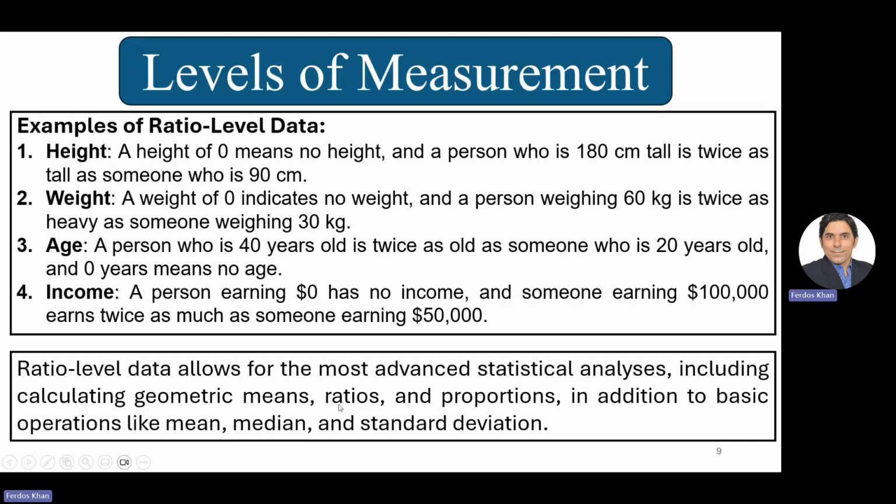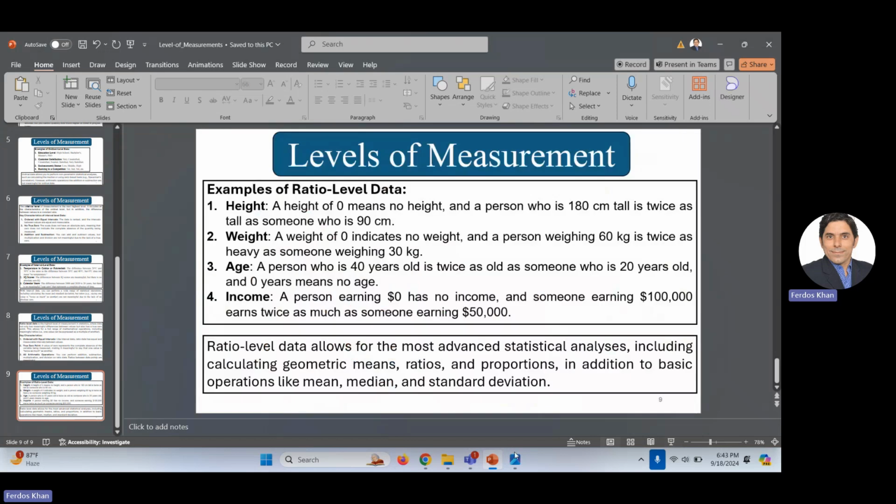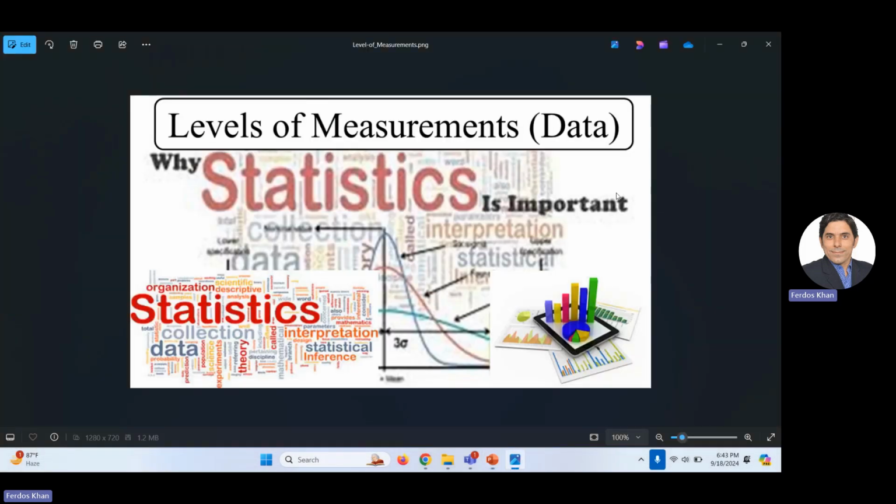So this is all about level of measurement. We have 4 levels of measurement. That is nominal, which is the basic level of measurement. The second is the ordinal level, and the third one is the interval level of measurement, and the last one is the ratio level of measurement, which is the highest level of measurement.